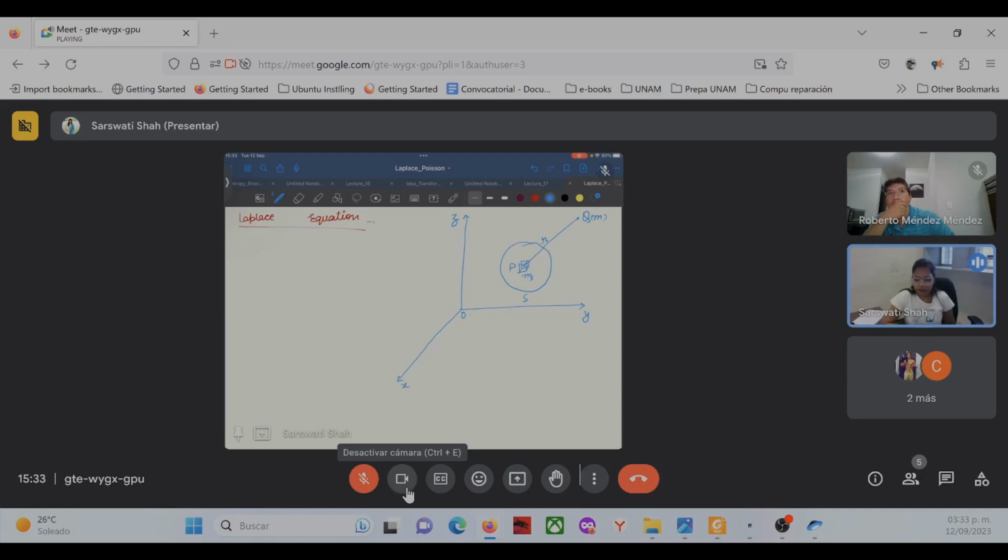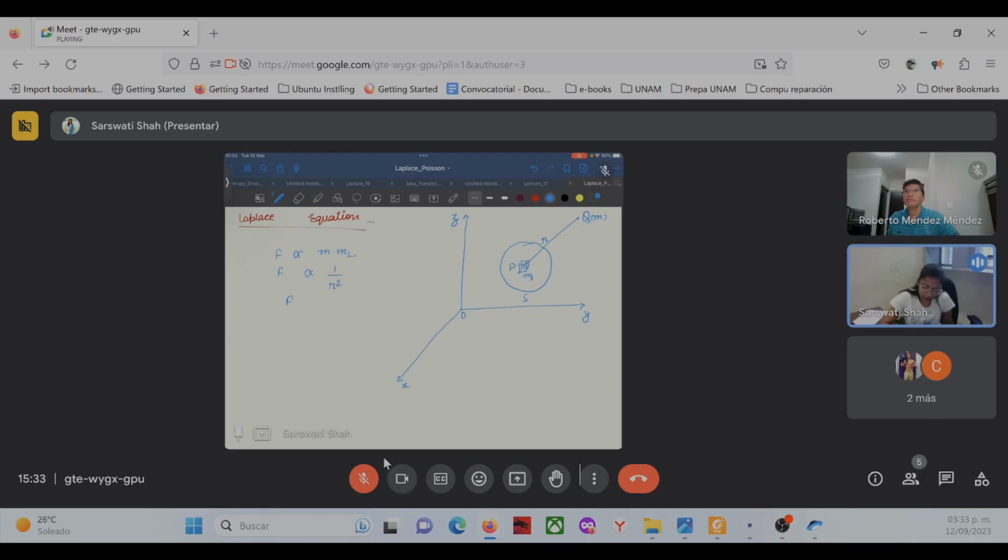So consider two particles of mass m and m1 situated at points Q and P, separated by a distance r as shown in the figure. According to Newton's universal law of gravitation, the magnitude of the force F is proportional to m into m1, the product of their masses, and also inversely proportional to the square of the distance between them.